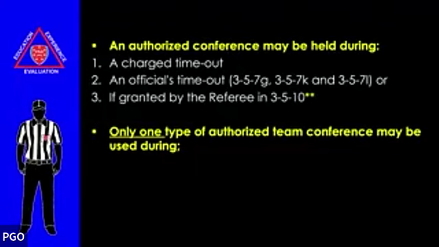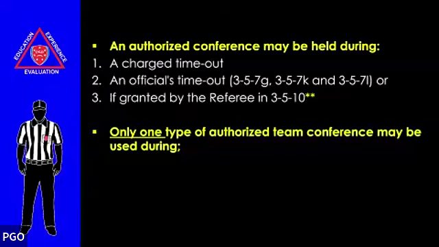Whatever authorized team conference you decide to jump on for that timeout has to be that entire minute. You can't break it, divide it, or partition it. If you call another timeout, you can do something else. But if it's the same timeout, and this is something our wing officials need to be watching, make sure coaches are not violating that, and so on and so forth.